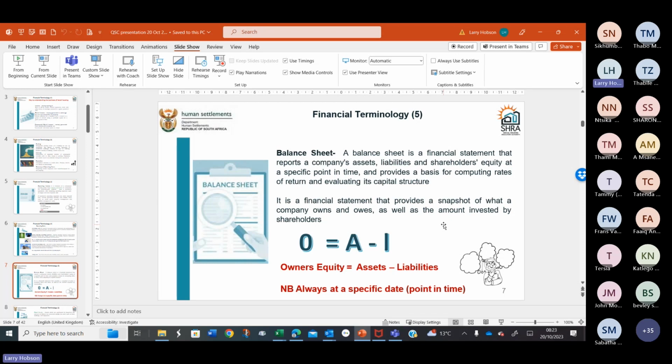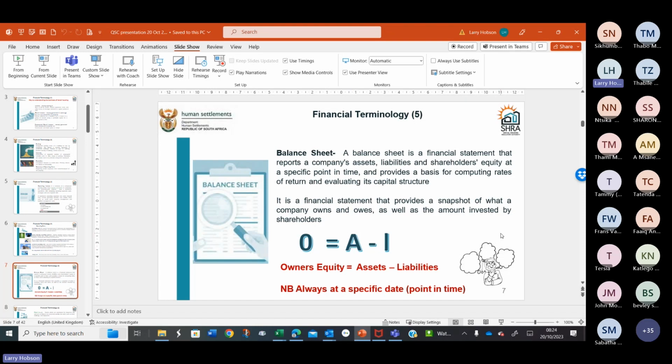There's a formula here: owner's equity equals assets minus liabilities. I suppose that looks like an I, but it should be a capital L. It's a small L. So owner's equity, which belongs to the shareholders, is your assets minus your liabilities.